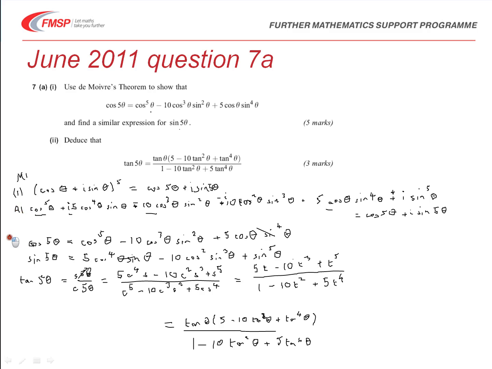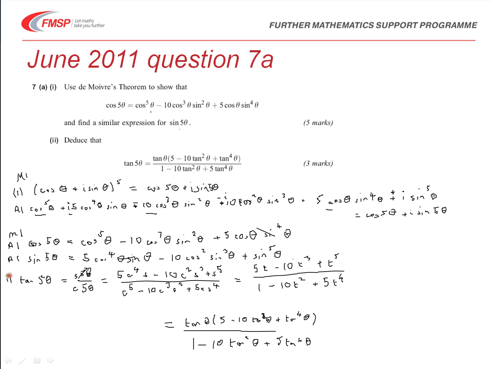Realizing that you've got to equate the real and imaginary parts gives you a method mark there. Obtaining the correct answer for the cos 5 theta gives you 1 accuracy mark, and similarly the sine 5 theta will give you an accuracy mark of 1 mark.